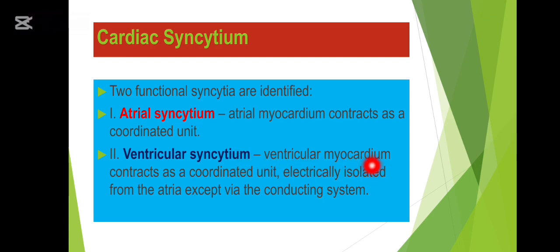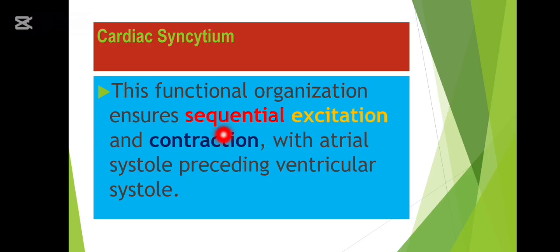The ventricular myocardium contracts as a coordinated unit, electrically isolated from the atria except via the conduction system. This functional organization ensures sequential excitation and contraction, with atrial systole preceding ventricular systole.